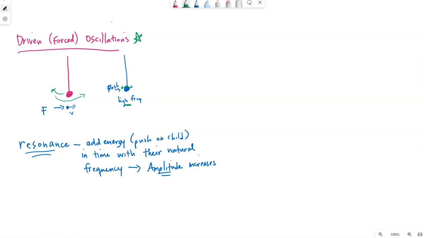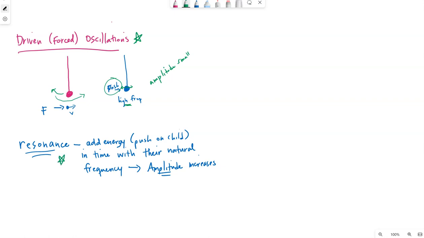Both of these situations fall in the category of a driven or forced oscillation. The resulting motion is different, though. If the push I'm applying is at a frequency that does not match the natural frequency, the amplitude stays small. They oscillate back and forth at the frequency I'm pushing them at, but they don't get to swing high, which is what a child on a swing would want.